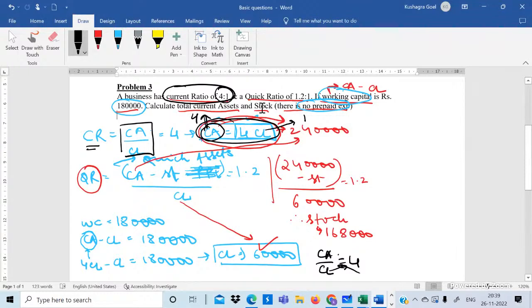So we had to calculate total current asset and stock. We've calculated total current asset. We also know the stock. We also calculated the current liability. Okay. Can we move to the caselet on ratios? Or anyone still working on this? Okay. Then let's move to the caselet.